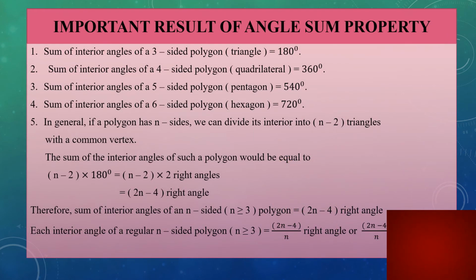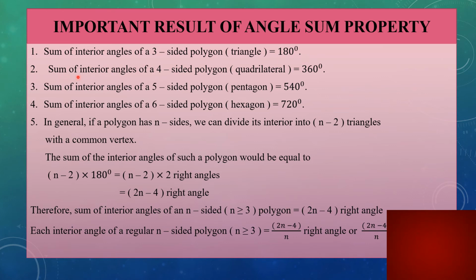Now, here are some important results of angle sum property. The first one: sum of interior angles of a three-sided polygon, that is a triangle, is equal to 180 degrees.